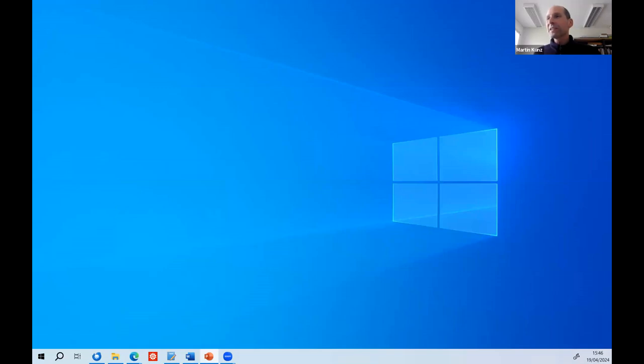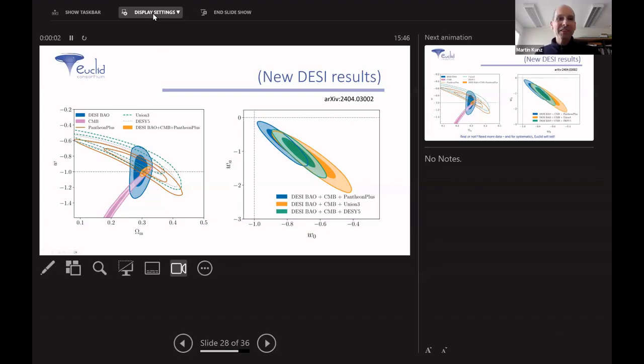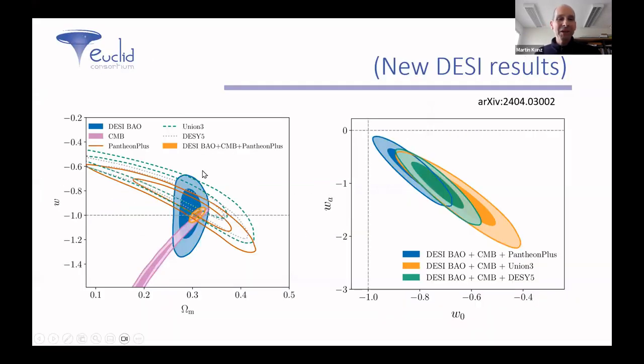The weird thing, the new cosmic coincidence, is that if you just have a constant W, you are actually exactly at -1. And then in the evolving one, your W naught is less negative than -1, and your WA is more negative.